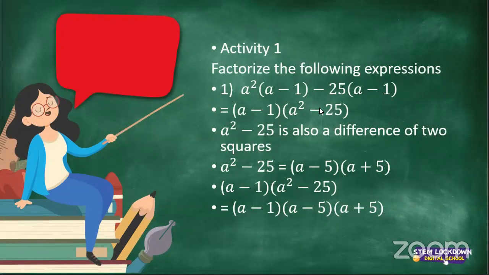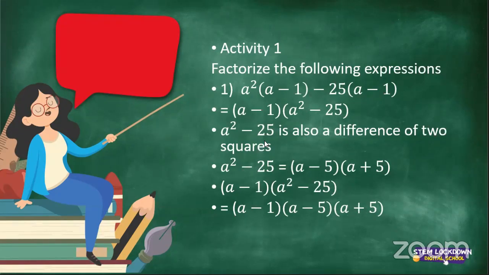But it does not end here. You can see again that a squared minus 25, on its own, is the difference of 2 squares. That's why I said a squared minus 25 is also a difference of 2 squares. And what are the squares there? A squared minus 25. 25 is a square number.